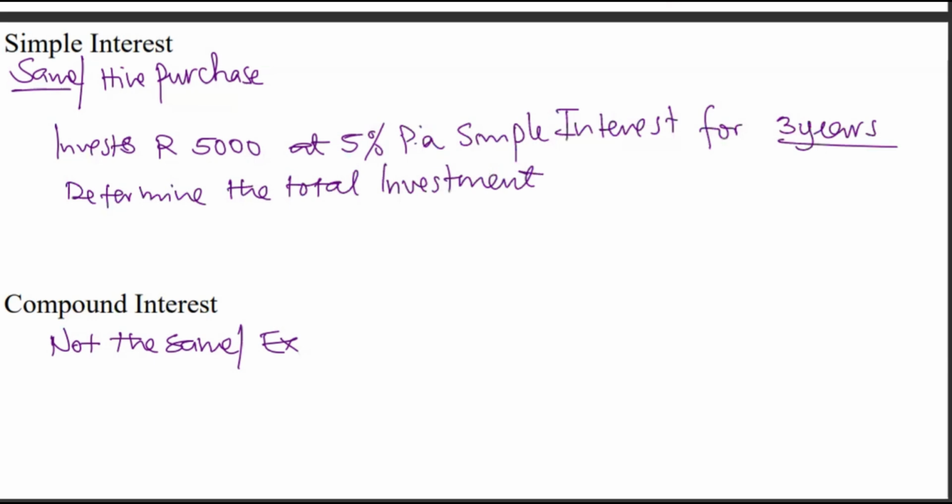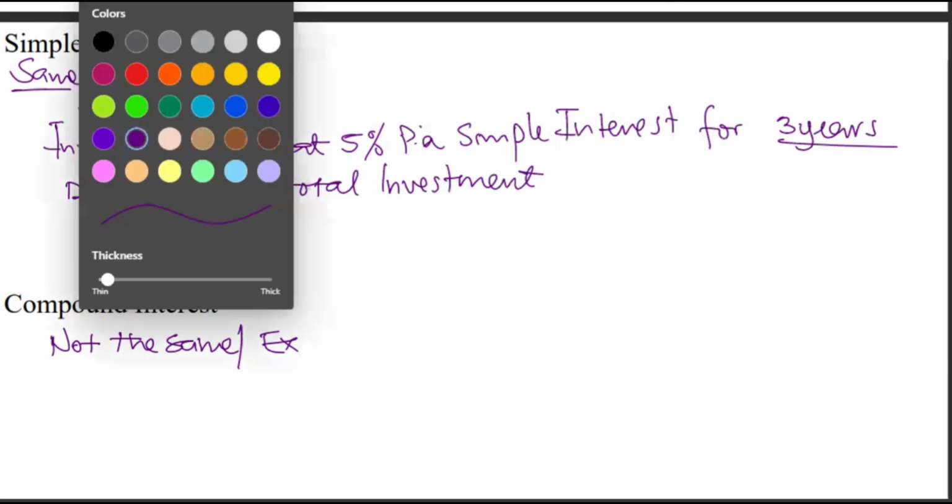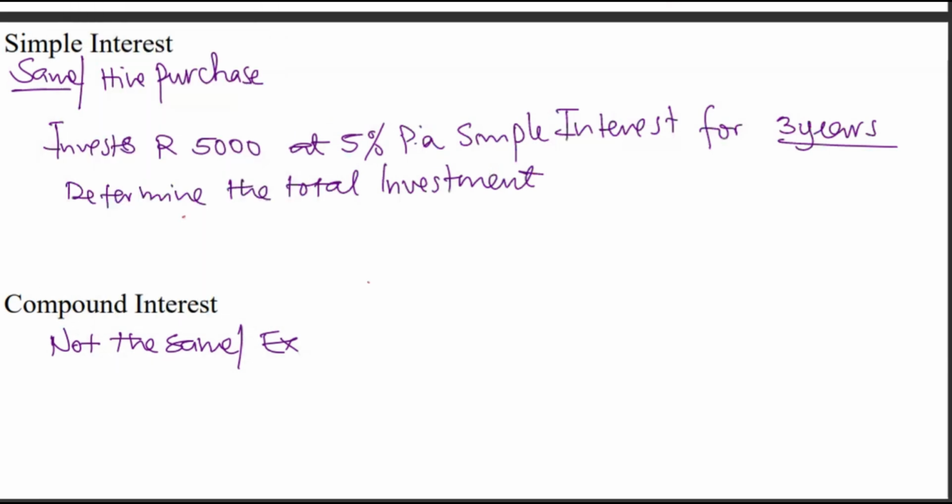So how are you going to do it in simple interest? What you're going to do, you say the money the person invested times the percentage. Here you're looking for interest only. So this one gives you 250. Now, this is only in 1 year. Since we said it does not change, it's the same. So what about in 3 years?